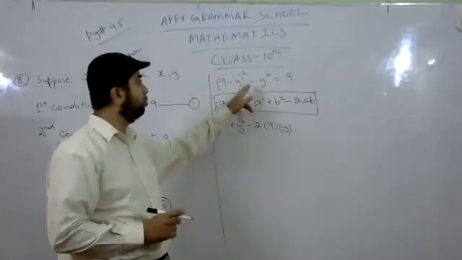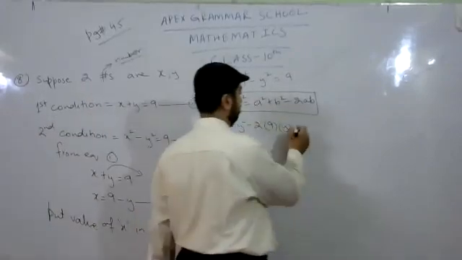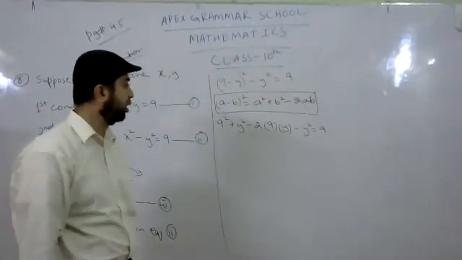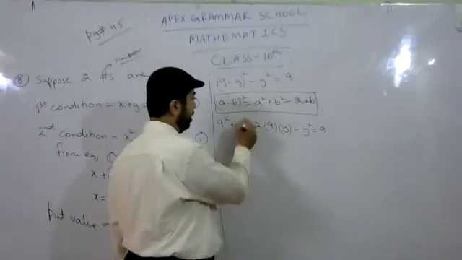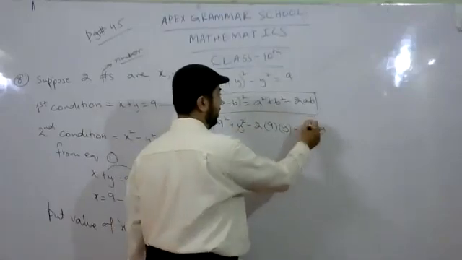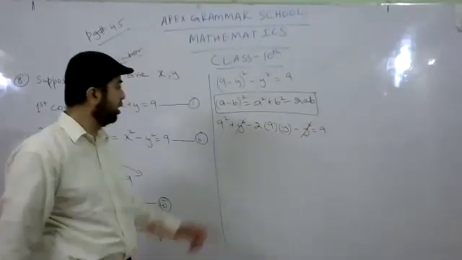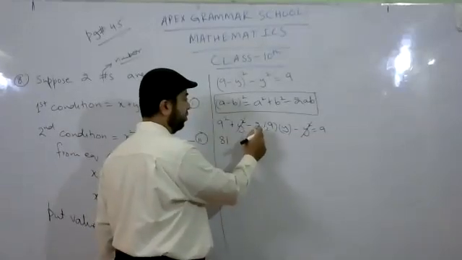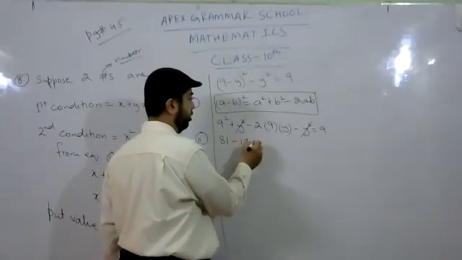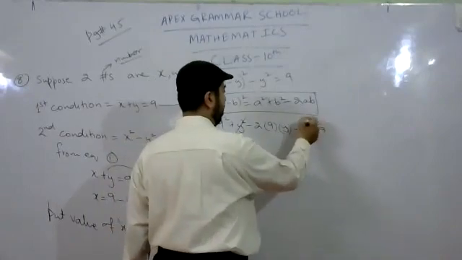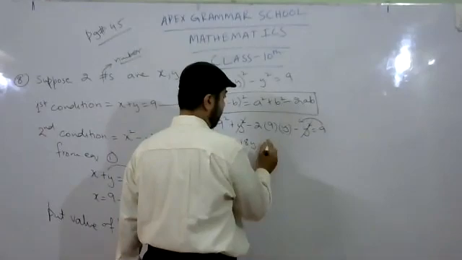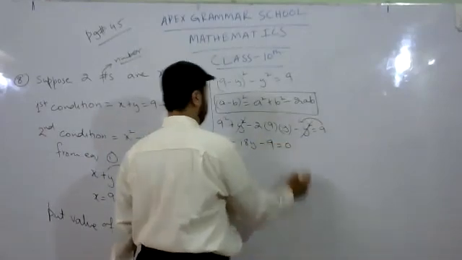After that, minus y square is equal to 9. This y square is positive and this y square is negative, both are cancelled. 9 square is 81. After that minus 2 nines are 18y, and this will be negative here, and it is equal to 0.